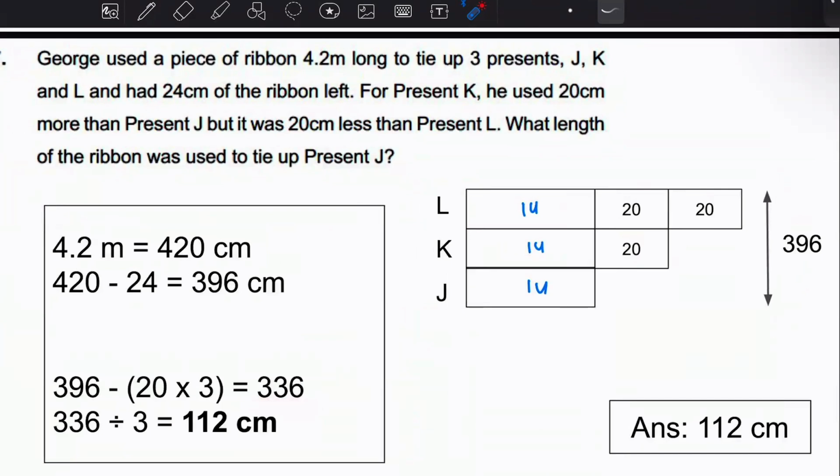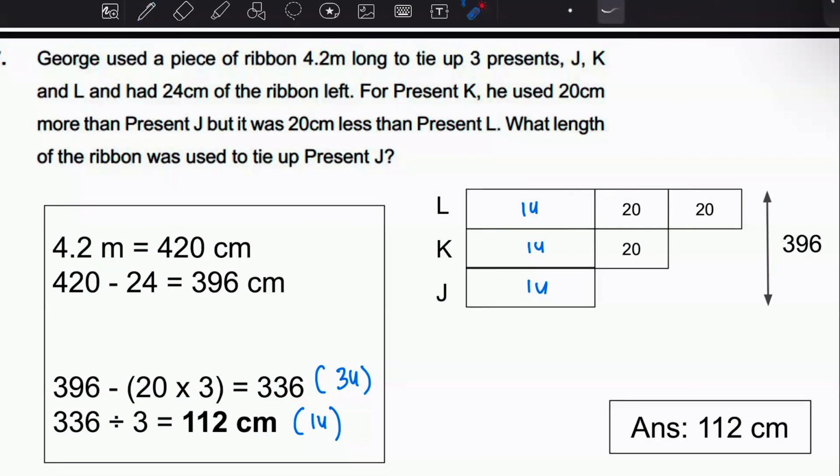You want to know how many cm is 1 unit, right? So 336 is actually your 3 units, correct or not? Then 336 divided by 3 is 112 cm. So this is your 1 unit.